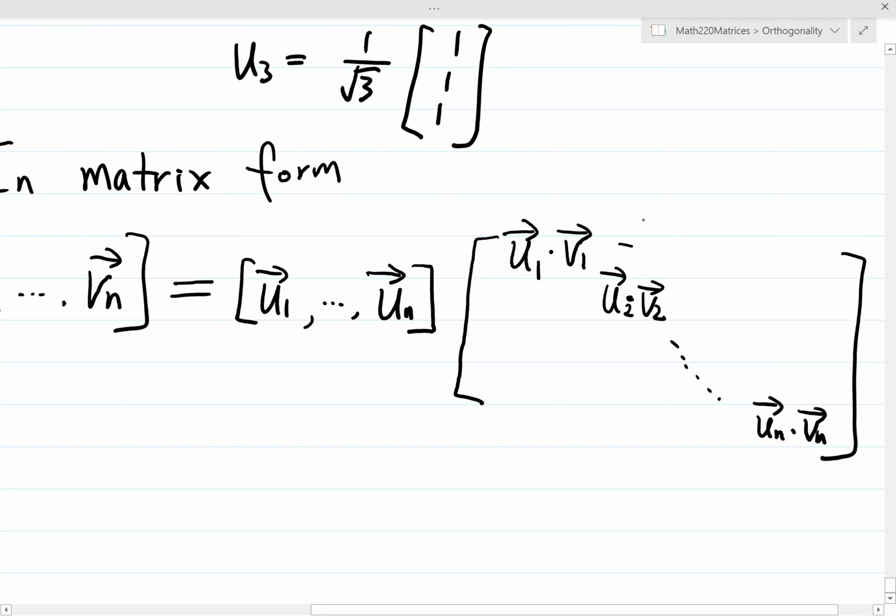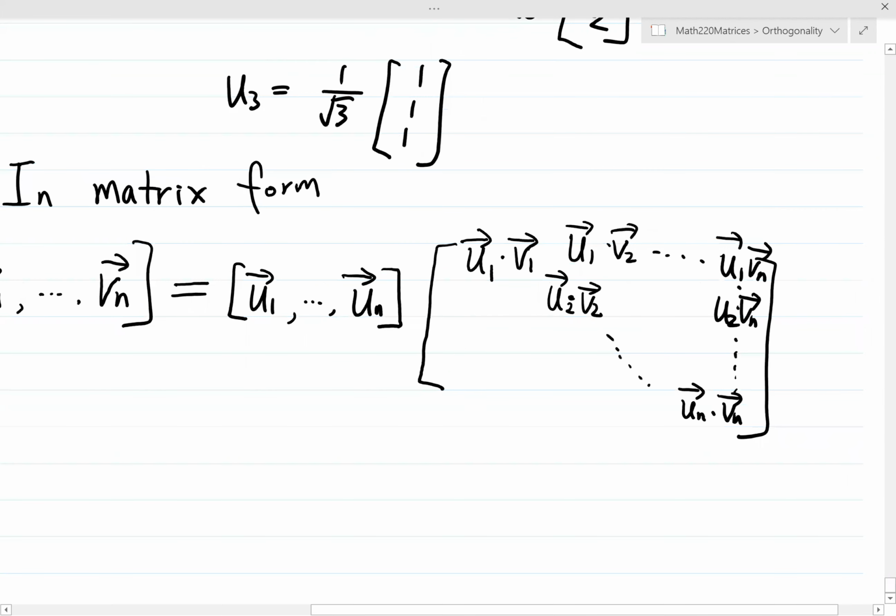There's some sign mistake here. The entries above the diagonal are U1 dot V2, U1 dot Vn, U2 dot Vn, etc. So what we did is write Gram-Schmidt in matrix form.